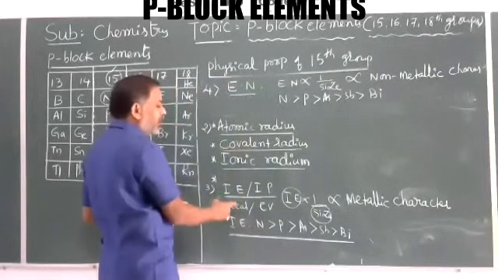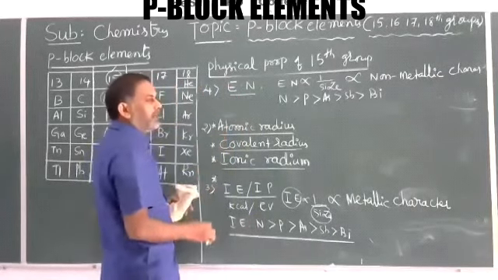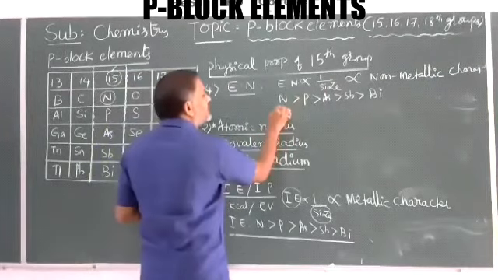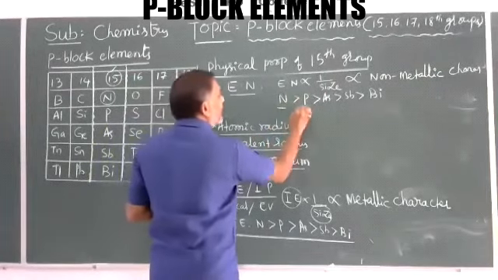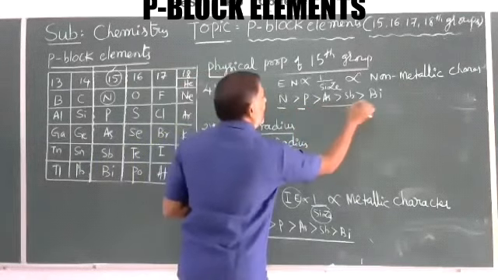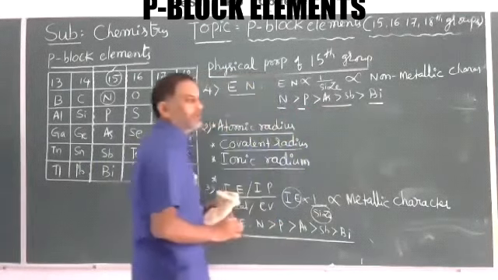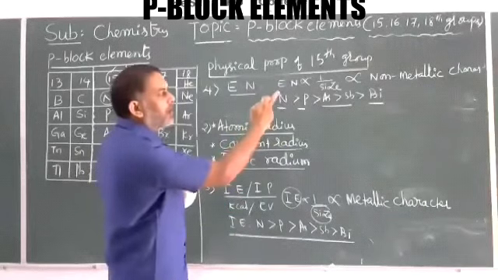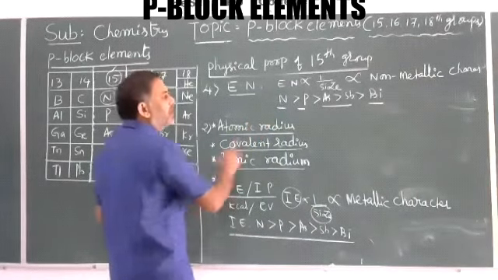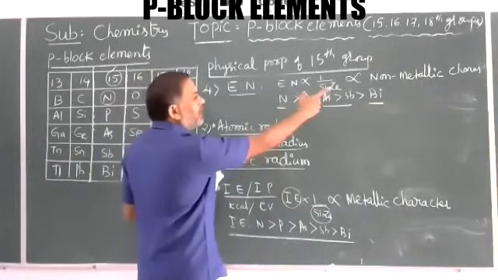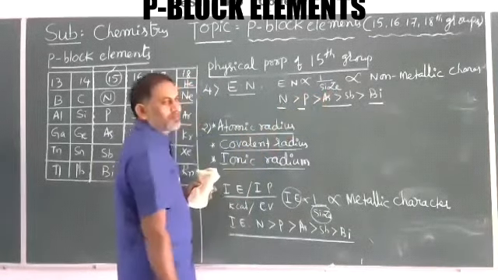By using ionization energy and electronegativity, here this is a non-metal and also a non-metal. These two are the metalloids and this is a pure typical metal, based on the non-metallic character, because when electronegativity is more, non-metallic character is more.